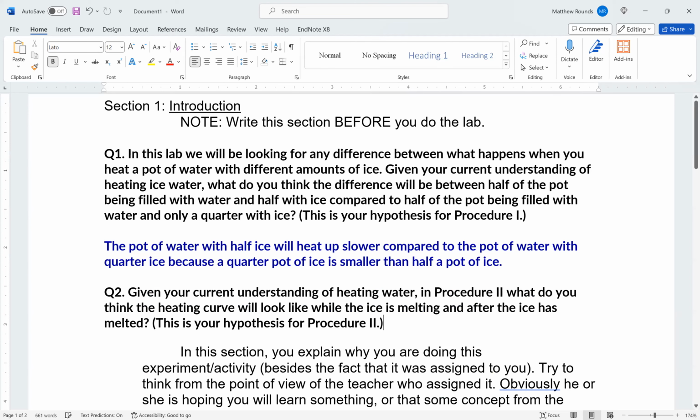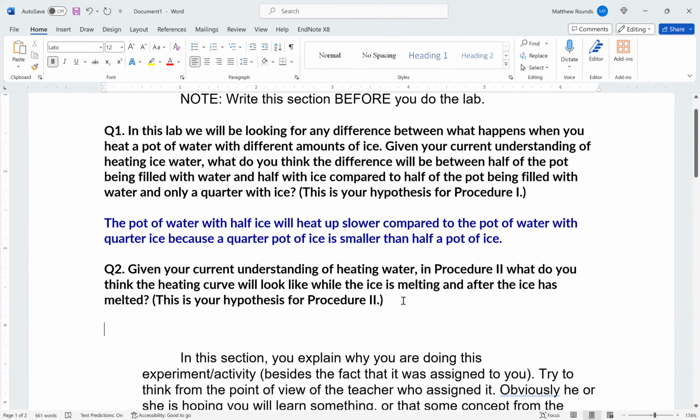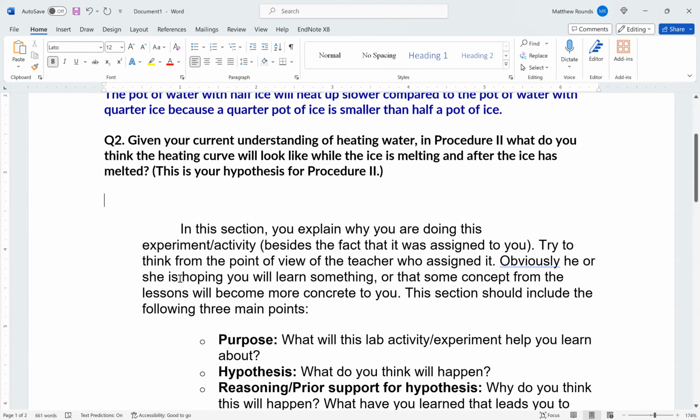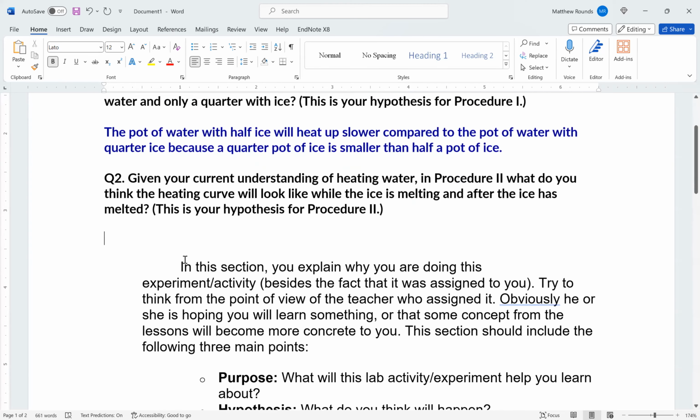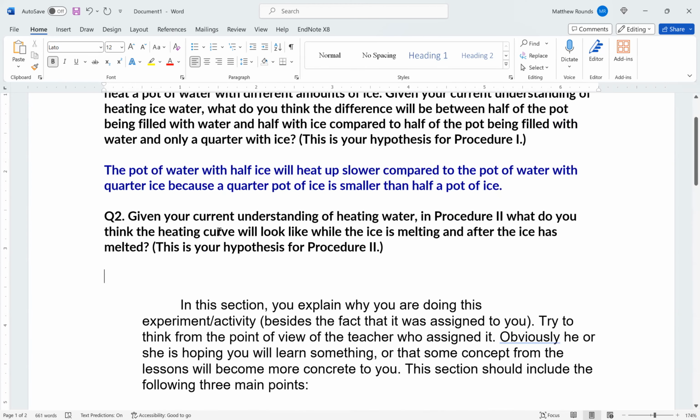All right. The second question here is for you to decide. They're saying, what do you think the heating curve will look like while the ice is melting and after the ice has melted? So there's really two parts to this.